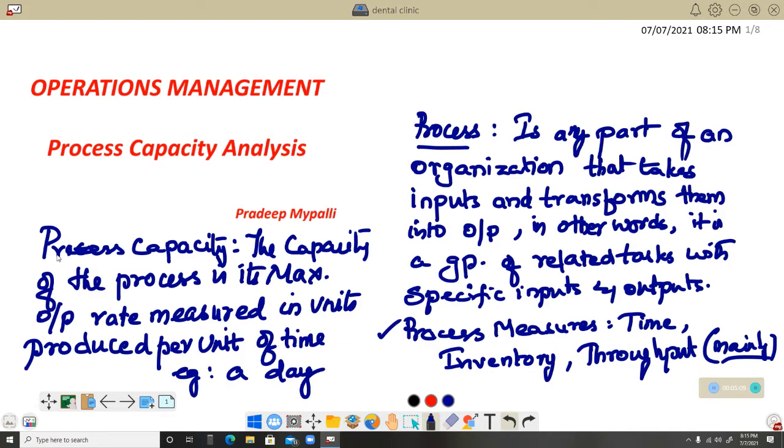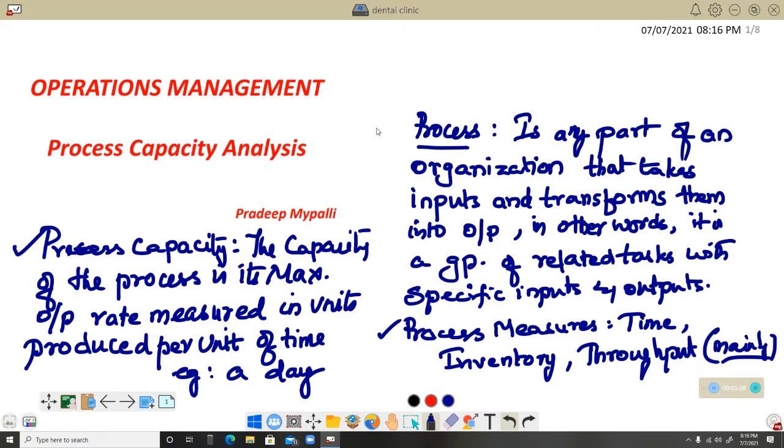So what is process capacity? The capacity of the process is its maximum output rate measured in units produced per unit of time. For example, in a day, how much output do we get, right?